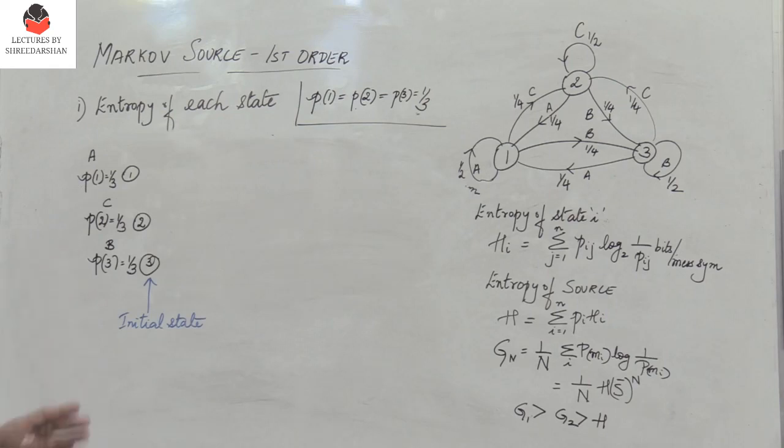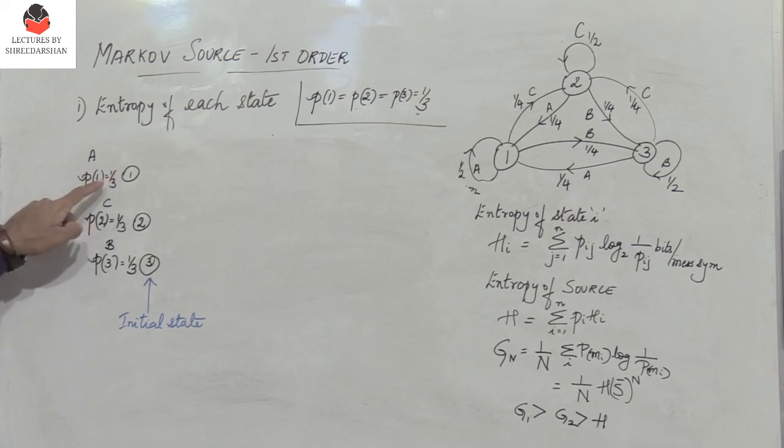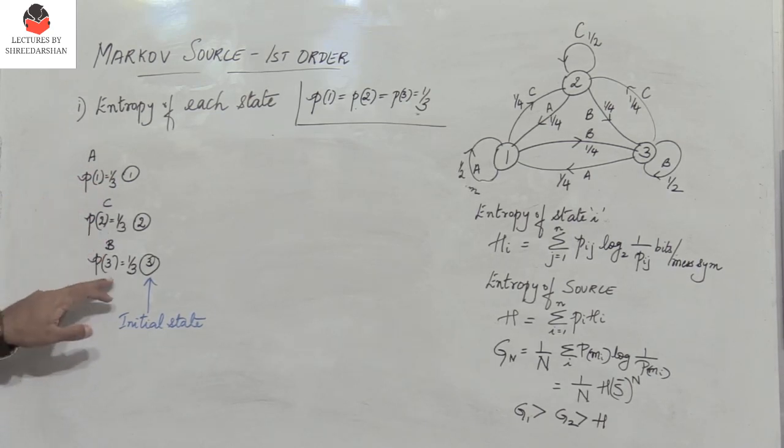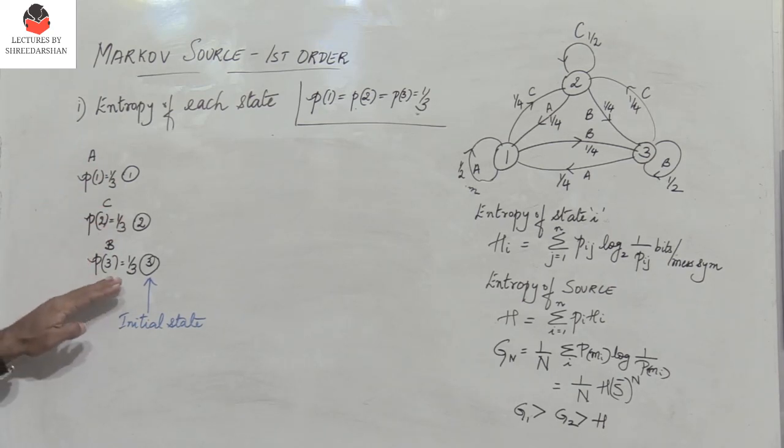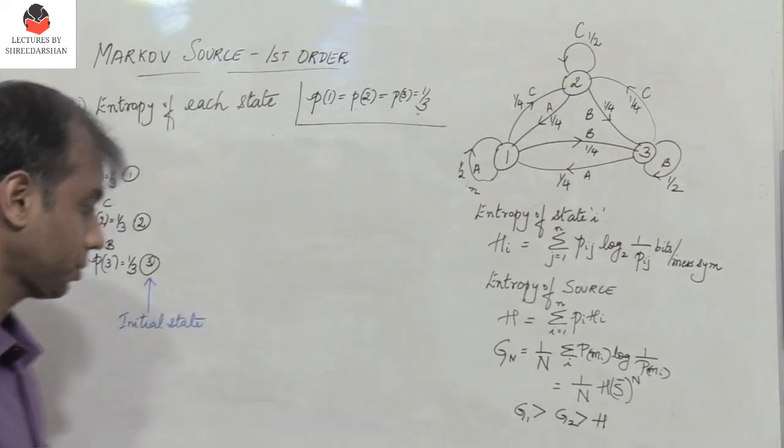So here let us consider the initial states 1, 2 and 3 with the probabilities of the system being in state 1 of 1 by 3, state 2 1 by 3, state 3 1 by 3, and what are the respective symbols? It is A for state 1, C for state 2 and B for state 3 as given in the figure.